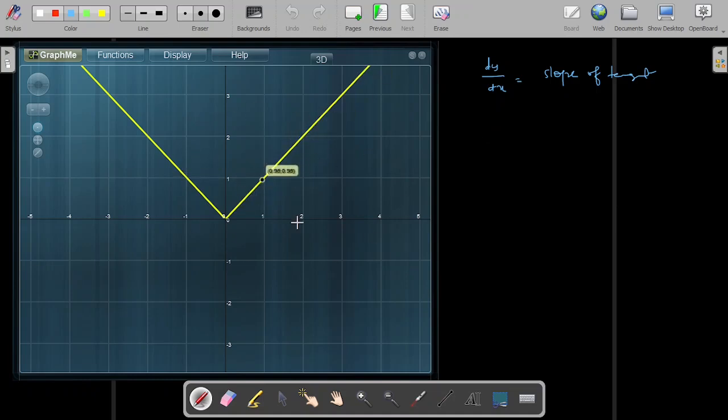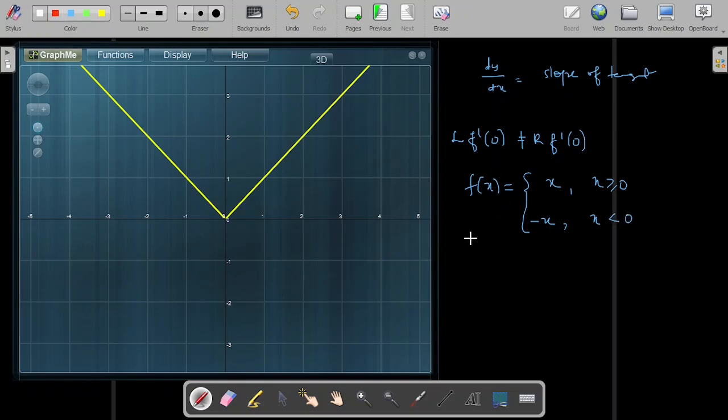That is how to understand it geometrically. Now, to prove the same thing algebraically, we have to prove that LF dash of 0, the left hand derivative of this function at x equal to 0, is not equal to the right hand derivative of this function at x equal to 0. We know the modulus function is defined as x when x is greater than or equal to 0, and minus x when x is less than 0.